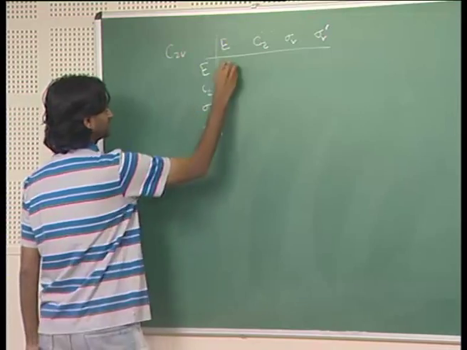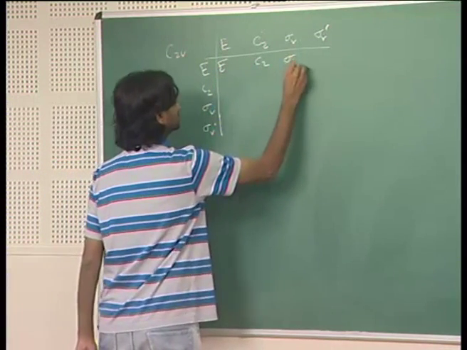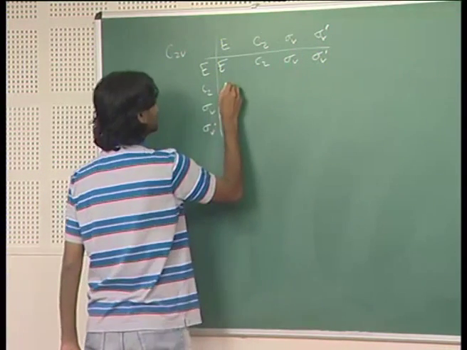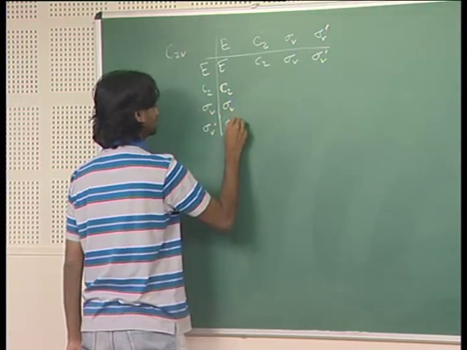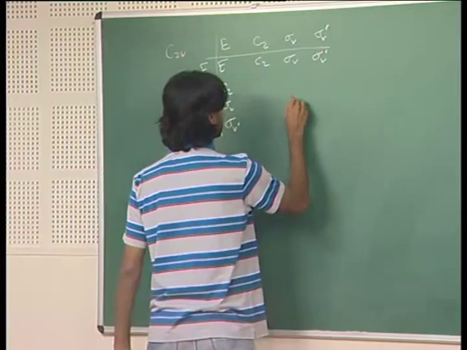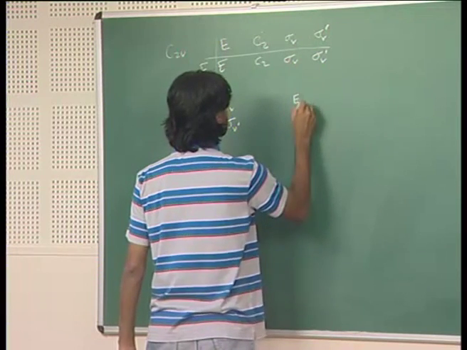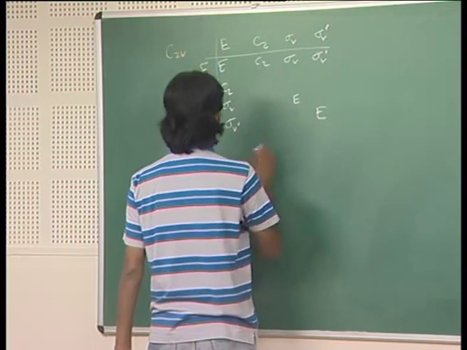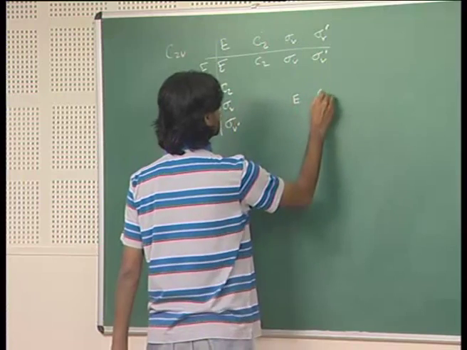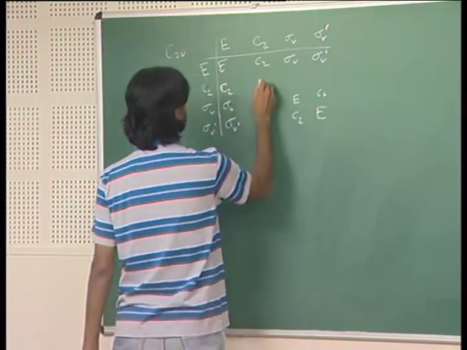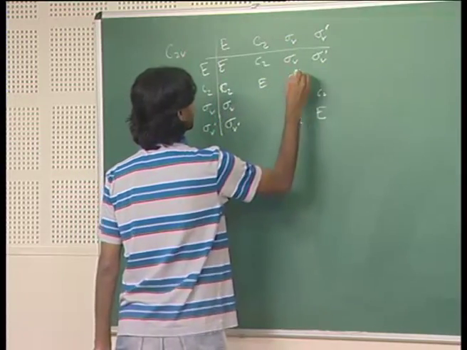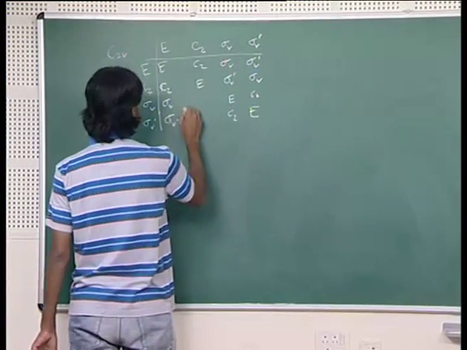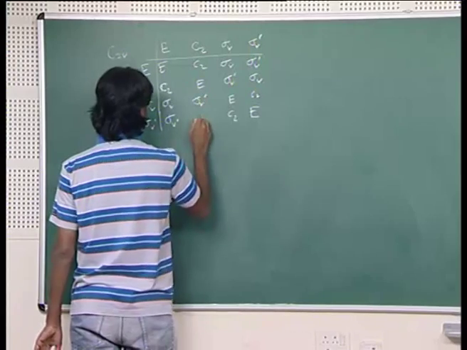So, the group multiplication table will be E times sigma V, this should be sigma V. C2 times C2 is identity, C2 times sigma V is sigma V prime, sigma V prime, sigma V.